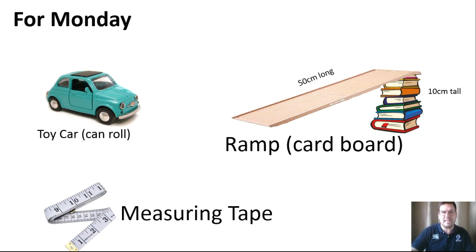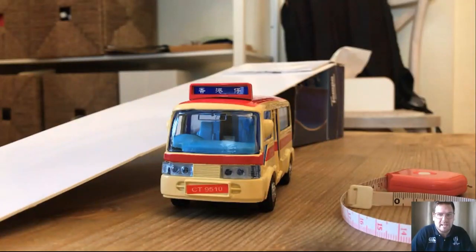What we're going to look at is friction on a surface and how far our toy cars will roll. We'll put our car up on the ramp like this and roll it down. So here's my equipment at home. I made a ramp out of some cardboard. It's 50 centimeters long and 10 centimeters high. I have my toy minibus ready. It can roll down the hill, and I have my measuring tape ready as well.